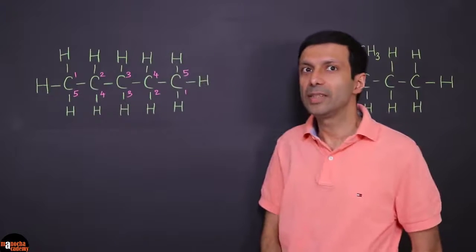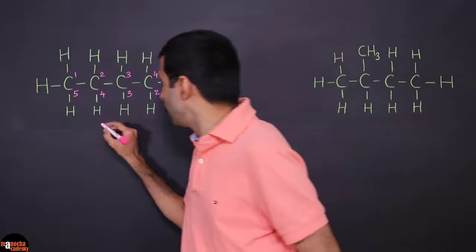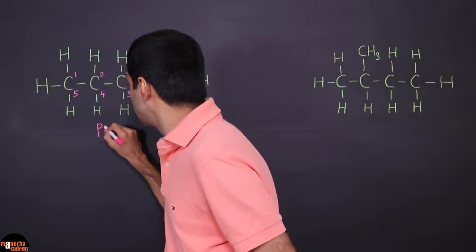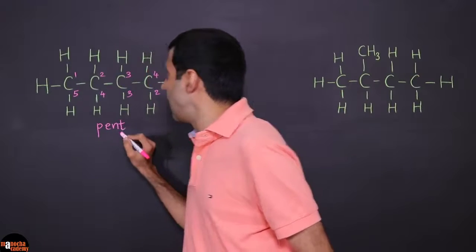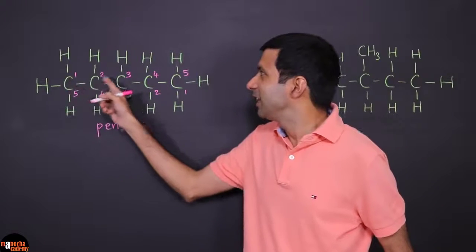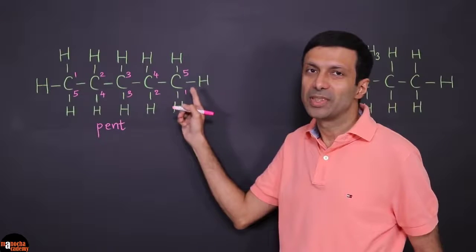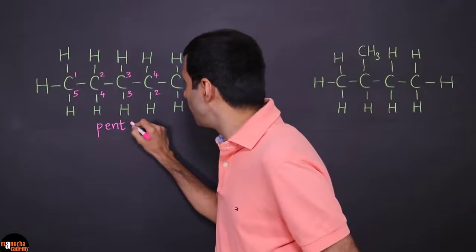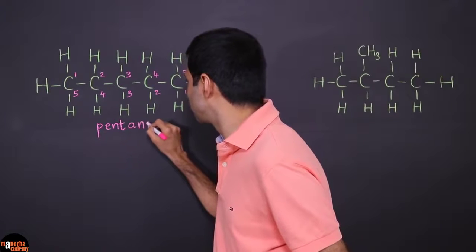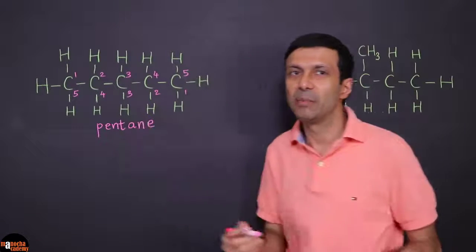So 5 carbon means the name is going to start with pent. Right? And since there are only single bonds between the carbon atoms, this is an alkane. So what is the name? It's going to be pentane. Right? So this is a simple one.